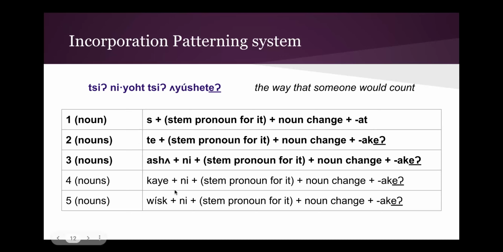And then when we get to 3 or more, this ni comes out on front, followed by the stem pronoun for it, and then the noun, and then this ending, hage, which is the same for this one too.